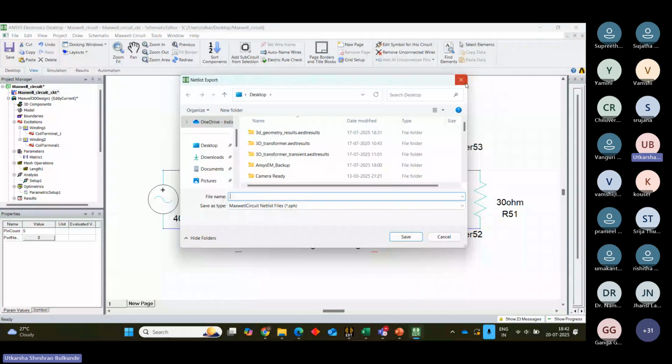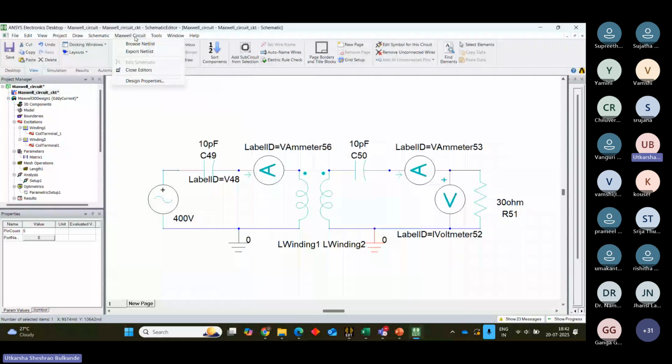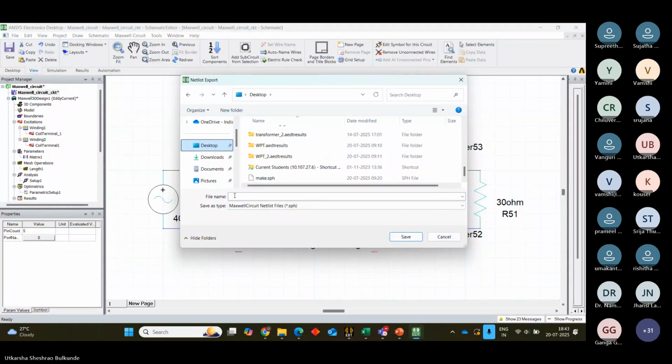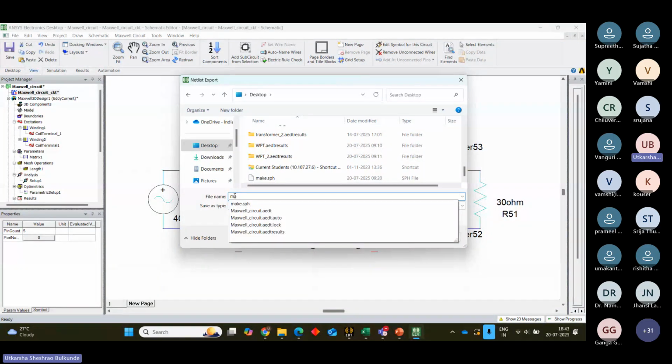You can name this anything. Let's call it Maxwell circuit only, and then save.